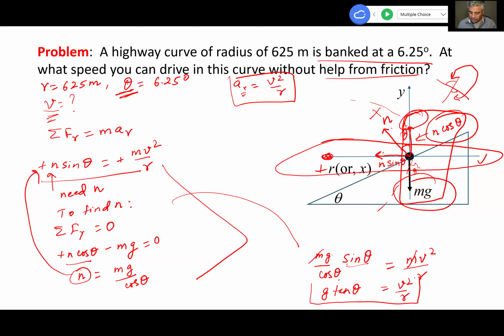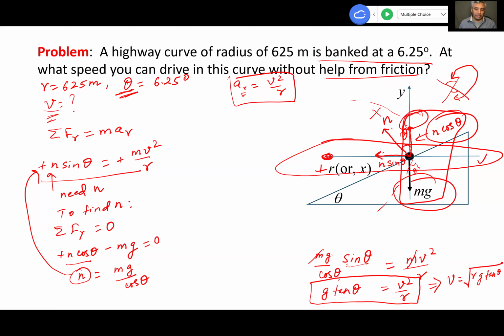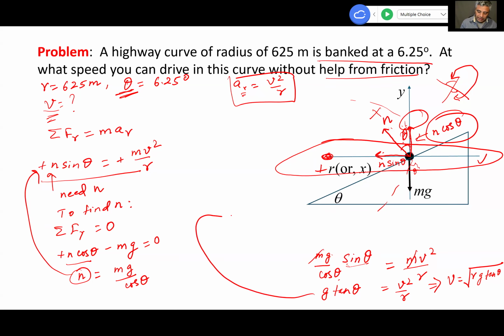So we have this. Now if you are asked to find angle, you can solve for angle. If you are asked to find v, just like here, speed, you can solve for speed. So what's the speed then? Speed is the square root of r g tangent theta. What if I have to find angle? We can do the same thing.